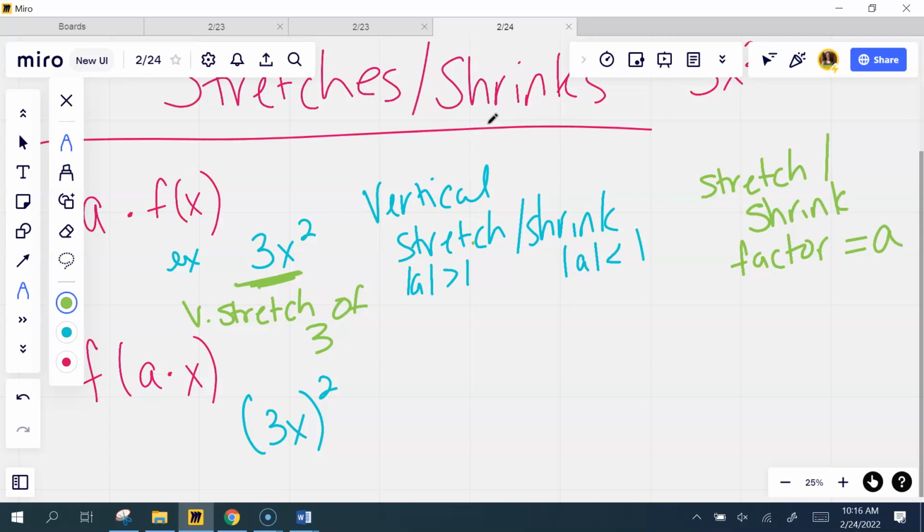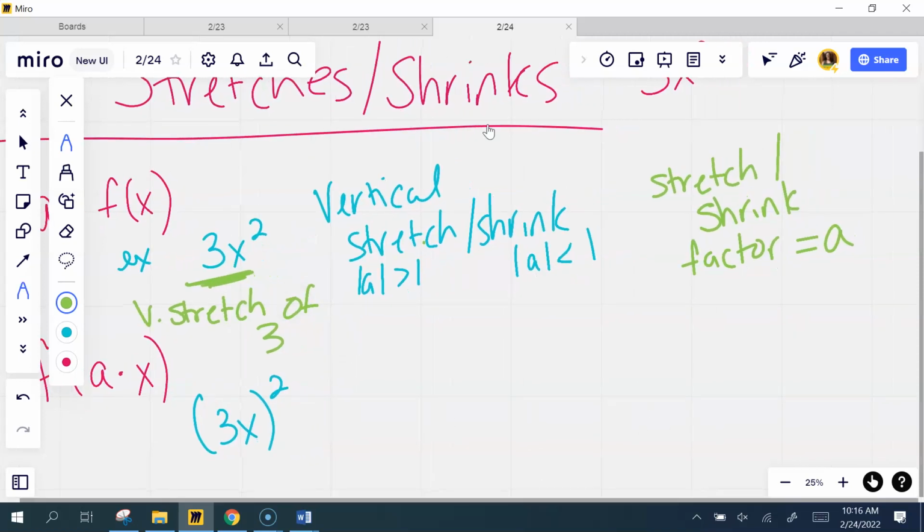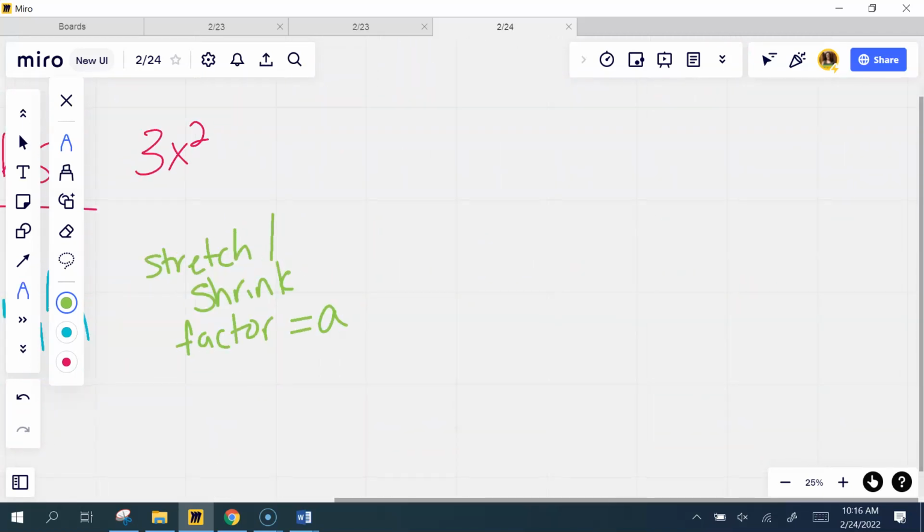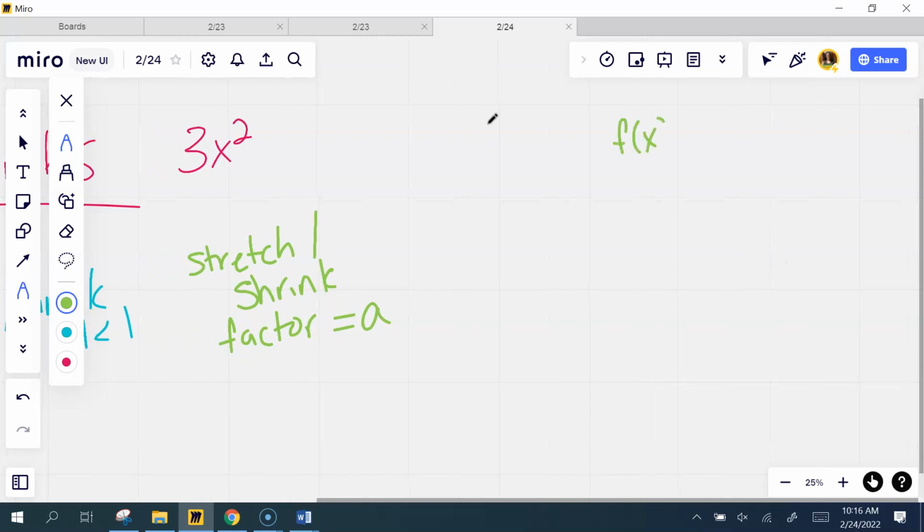Now, if you look at your little XY, and we're just going to camp here for just a minute, and I'm just going to use this exact same example here. If I use 3x squared, and I'm asked to graph that, okay? You look over in that last column, that change column, it says that (x, y) becomes (x, a times y) if it's a vertical stretch or shrink.